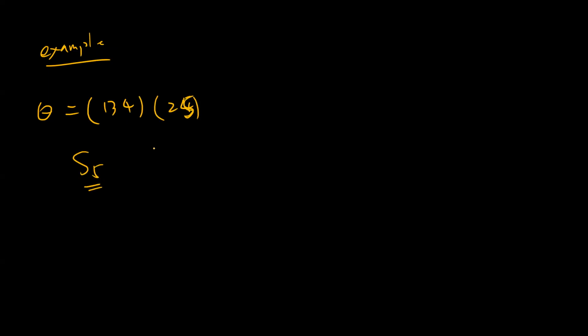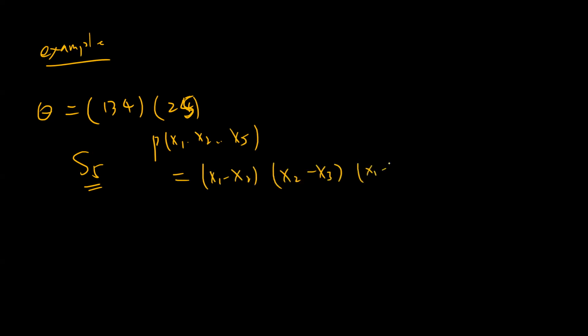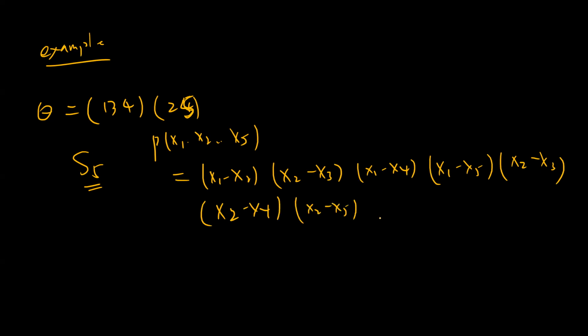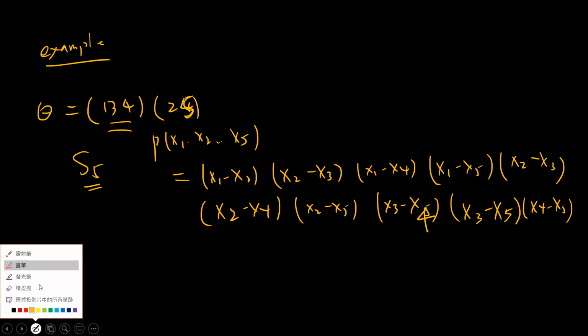So let's check it. Our p(x1, ..., x5) will be, let's say, (x1 minus x2), (x2 minus x3), (x1 minus x4), (x1 minus x5), (x2 minus x4), (x2 minus x5), (x3 minus x4), (x3 minus x5), (x4 minus x5). Okay, so let's check what the result is.